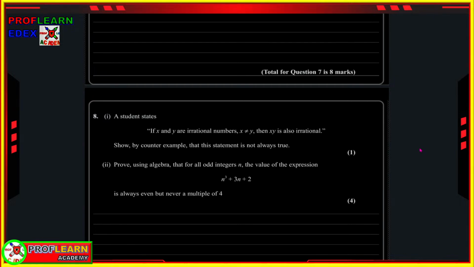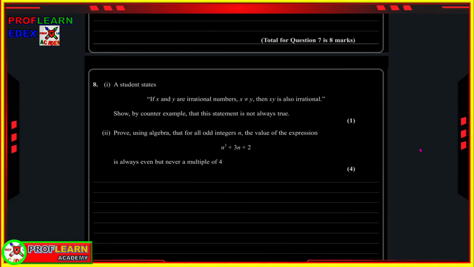We have another question, and in this case we are told that a student said that if x and y are irrational numbers, x not equal to y, then xy is also irrational. Show by counter example that the statement is not always true.